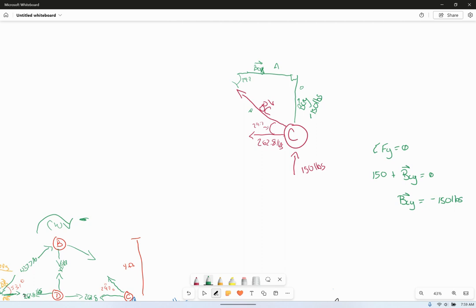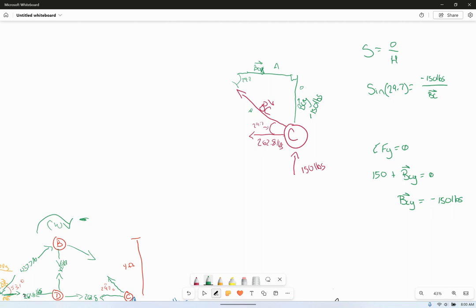So I know that sine is opposite over hypotenuse. So the sine of 29.7 is equal to my opposite, which is negative 150 pounds, over my hypotenuse, that BC vector.